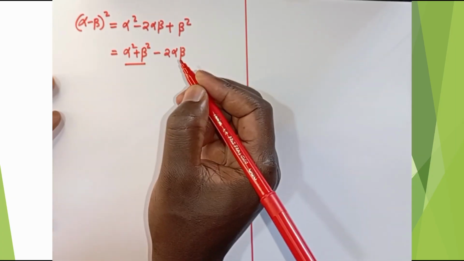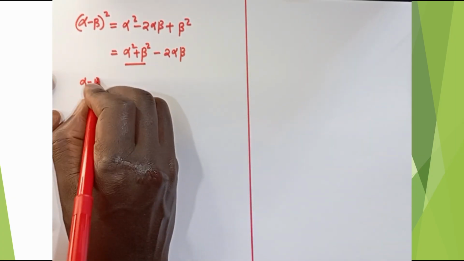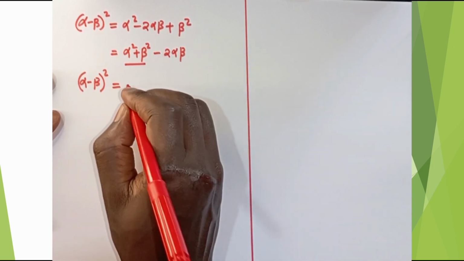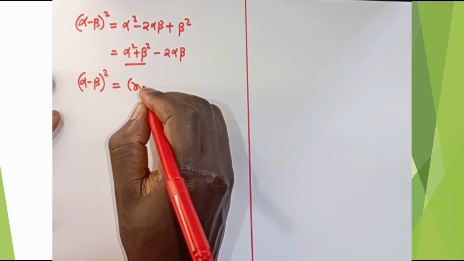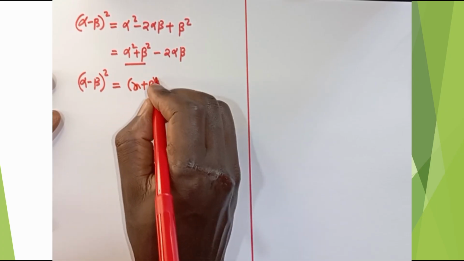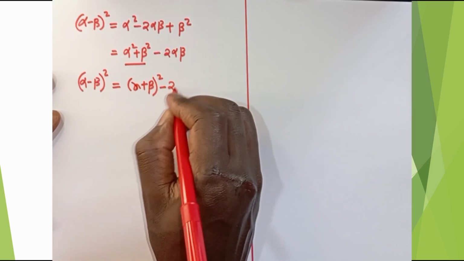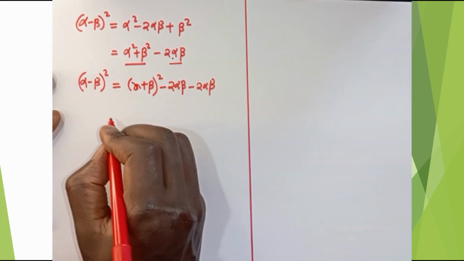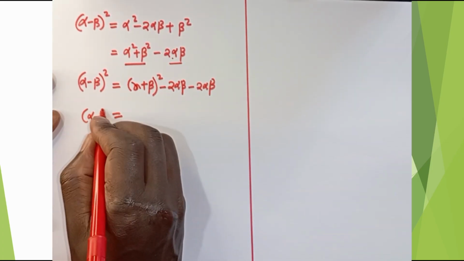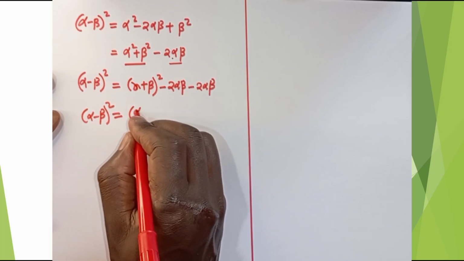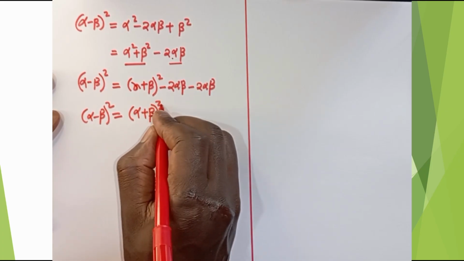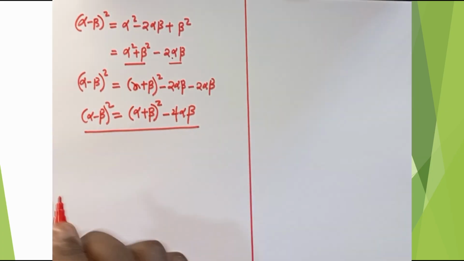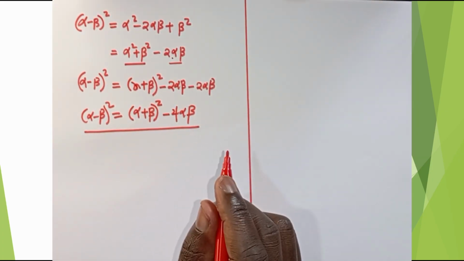But we know this very well. So our alpha minus beta everything squared is actually, when you substitute, alpha plus beta everything squared minus 2 alpha beta, then minus this one, 2 alpha beta. So we end up having alpha minus beta everything squared is the same as alpha plus beta squared minus 4 alpha beta. So it comes from there, very simple things.